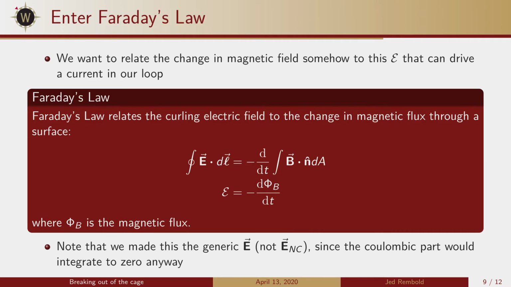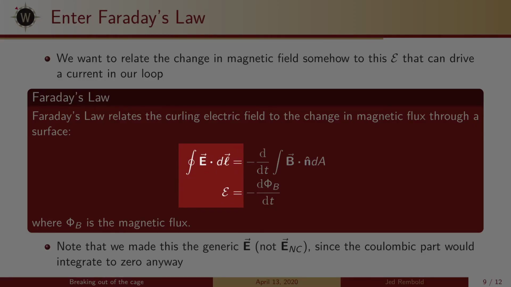Now, in terms of what just happened with the left-hand side of the equation, realize that instead of writing it as the E non-Coulombic part dotted with dl, technically, since the Coulombic part, as we go in a circle, has to add up to 0 anyway, we can just talk about E in general, where E includes both the Coulombic and the non-Coulombic contributions, because the Coulombic parts would go to 0 when we added them up anyway.